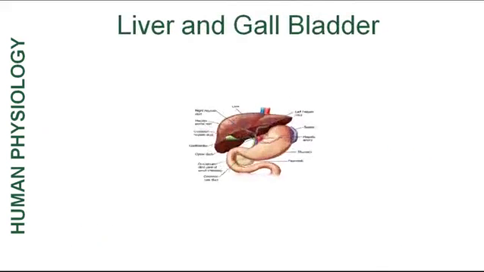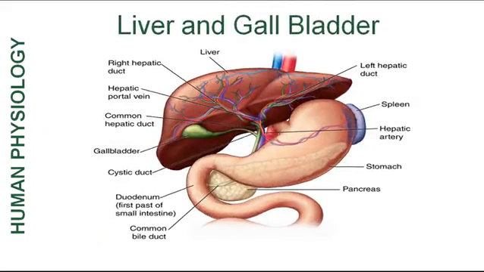Now come to a major gland known as the liver and the gallbladder associated with it. You can see a large dark red structure that is the liver. It is supplied with arteries and veins, and below it there is a greenish gallbladder in this diagram.